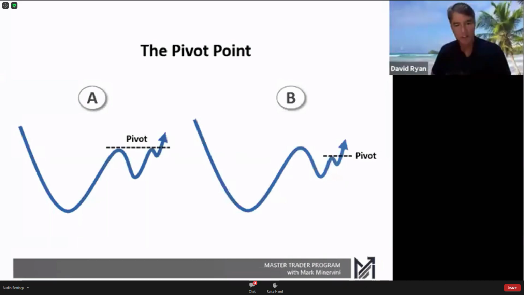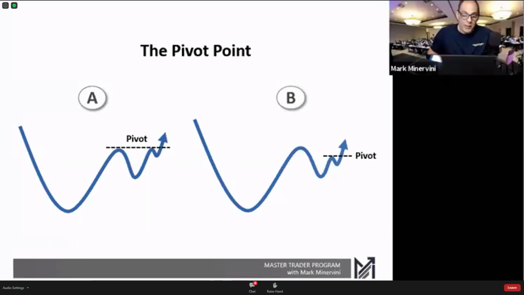And Mark, another definition of pivot is just the buy point. It's as simple as that. That's right, we call it the pivot buy point. But pivot points go all the way back to Jesse Livermore. He used them in a little bit different way than I'm going to explain to you, but the term pivot point is a very old term.